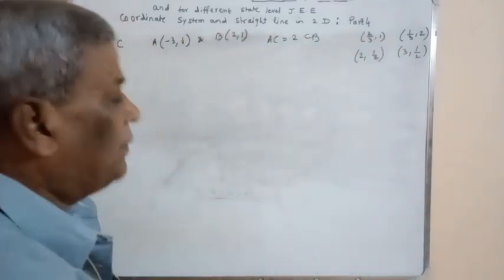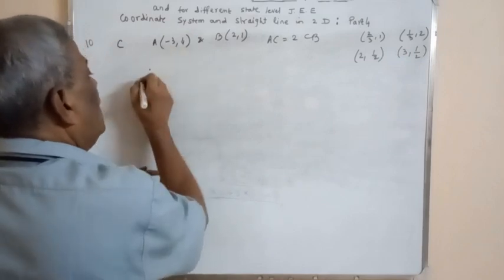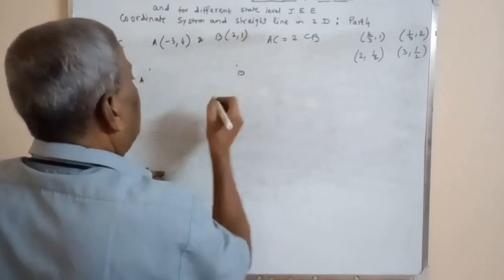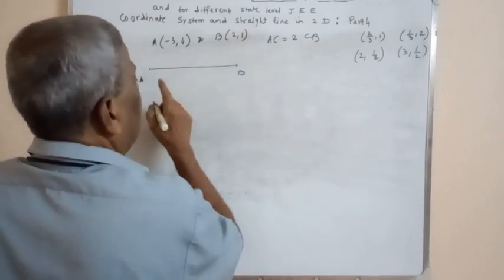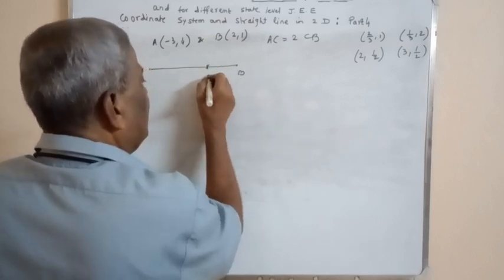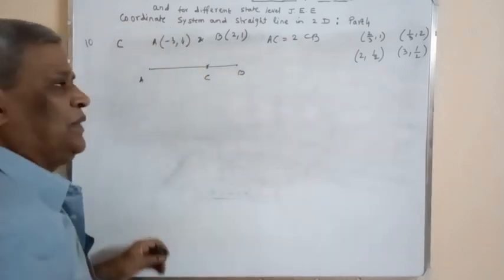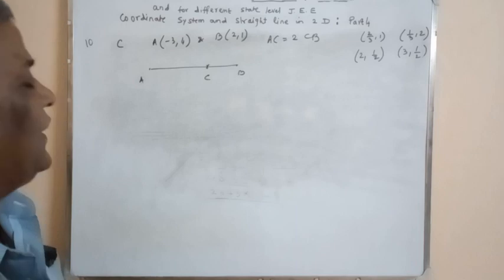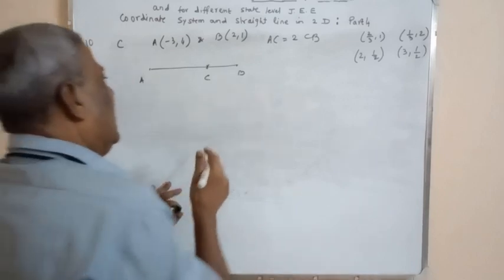Now in this problem, 2 points A and B are given, and a point C lies within AB such that AC is equal to 2 times CB. Then to find coordinate of C. Of course, it is a very simple problem.